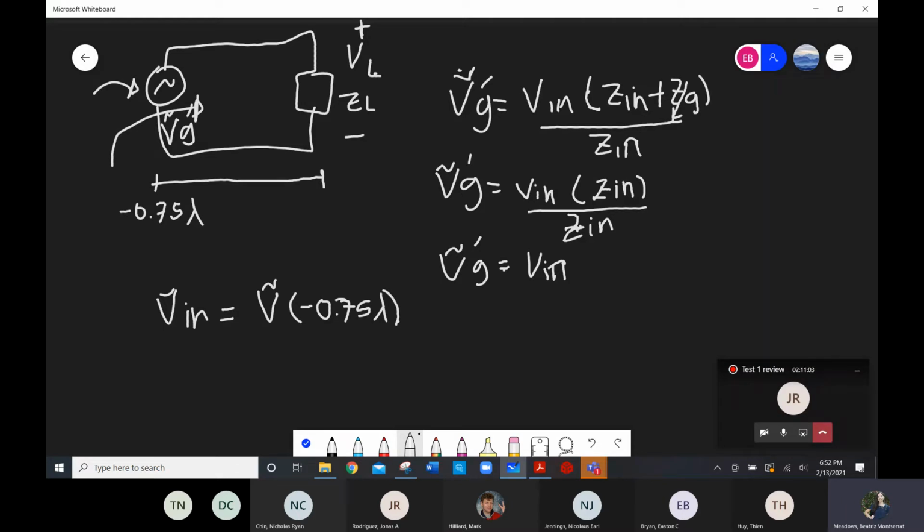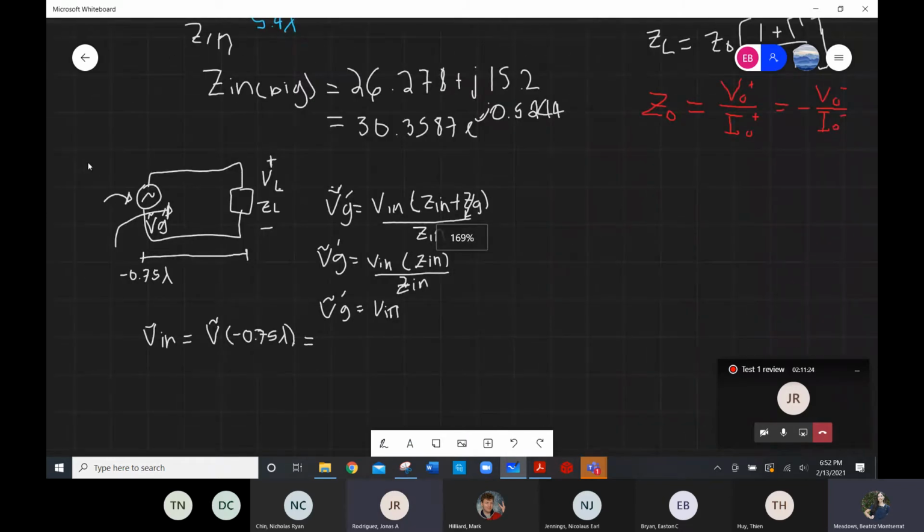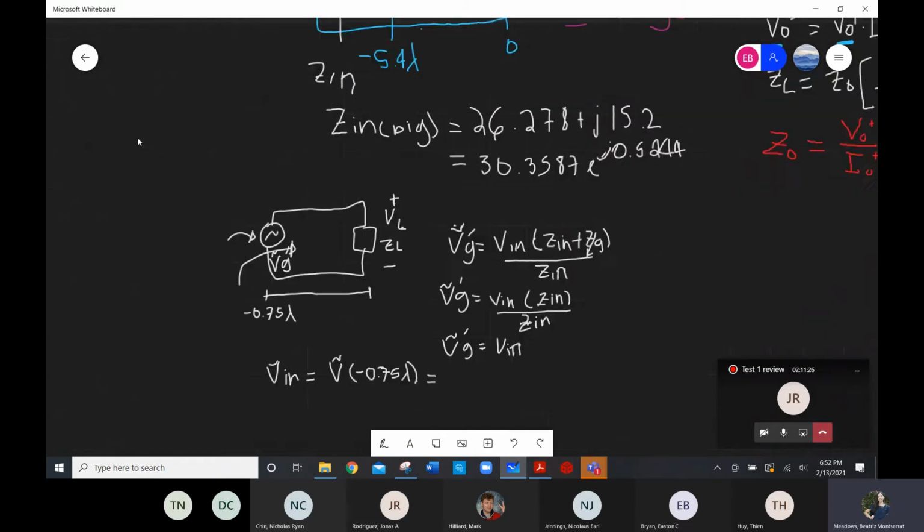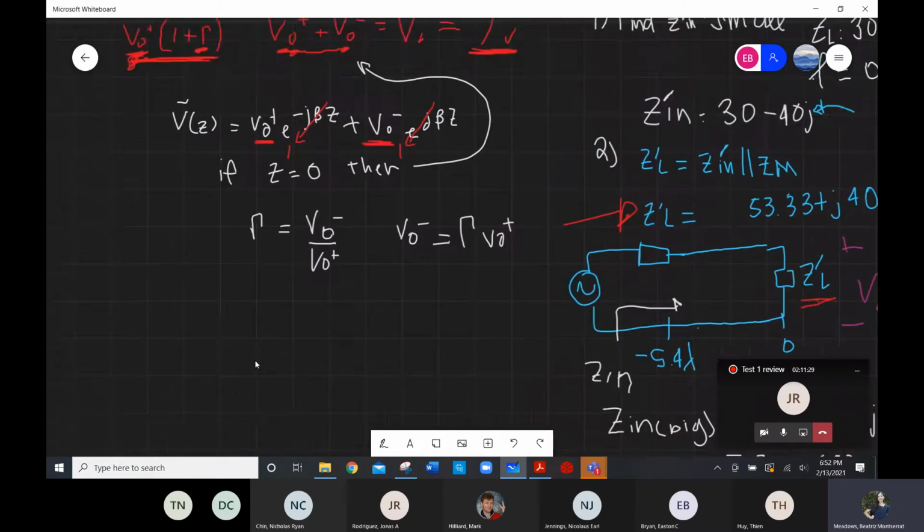I want to make that very clear. Okay, I hope that's clear. And we know the voltage at the load. So remember, Easton gave you a very important formula. If we're given the voltage at the load, how do we solve for V naught plus?